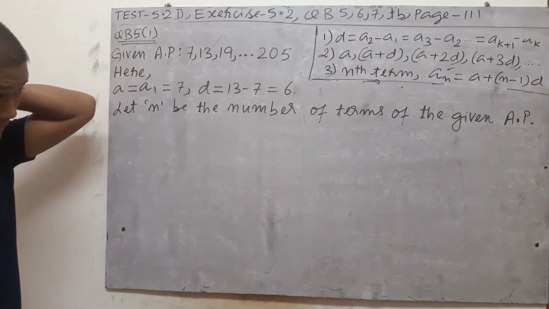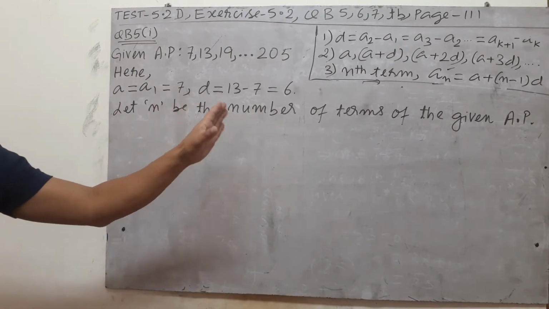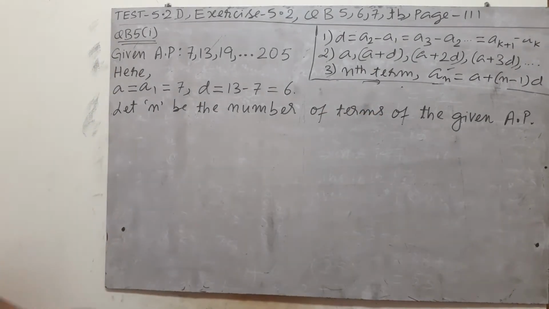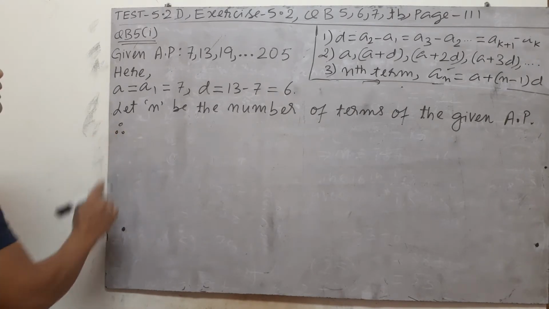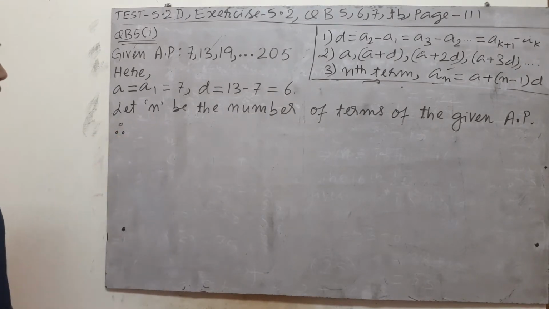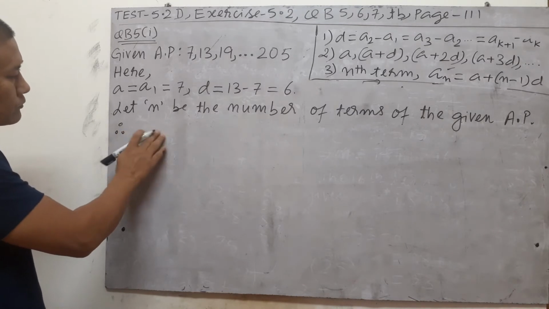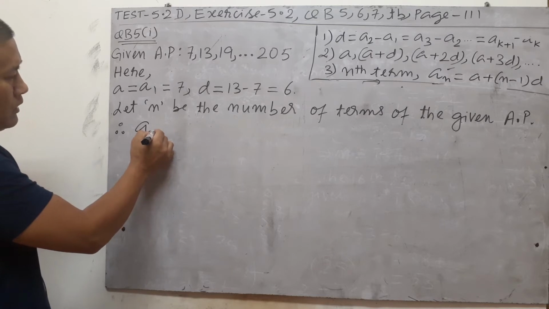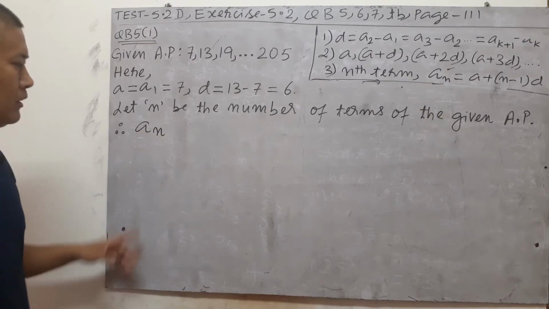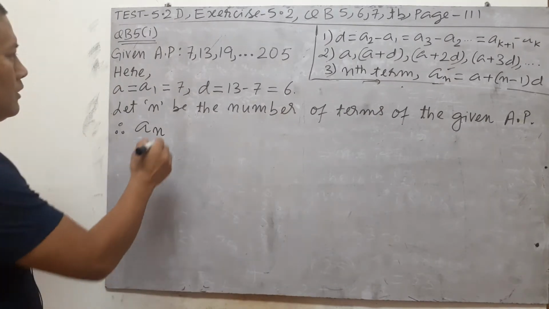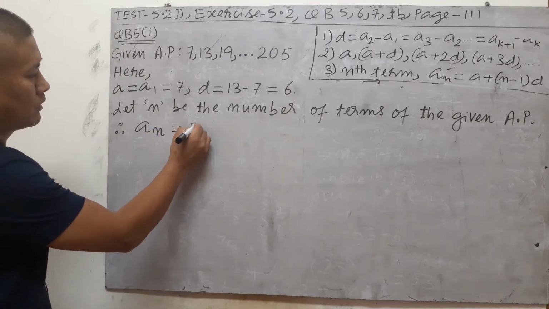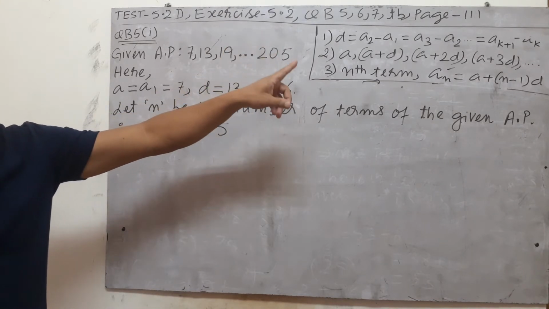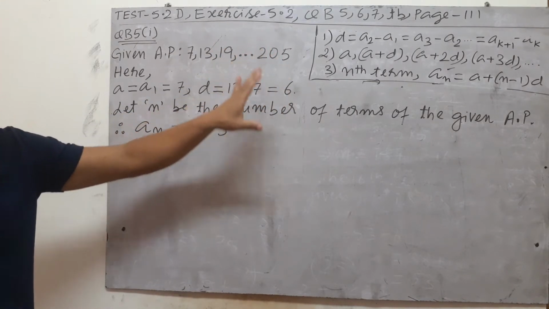So we're assuming that n is the total number of terms, meaning n could be 100 terms or 50 terms. We're going to find out. So if the total number of terms is n, then we can safely write here an equal to 205, because 205 is the last term of this AP series.